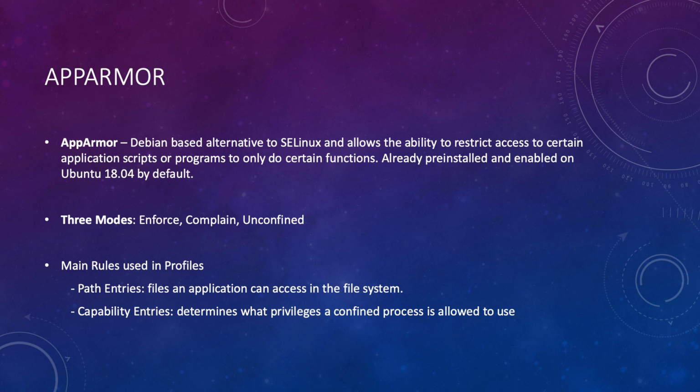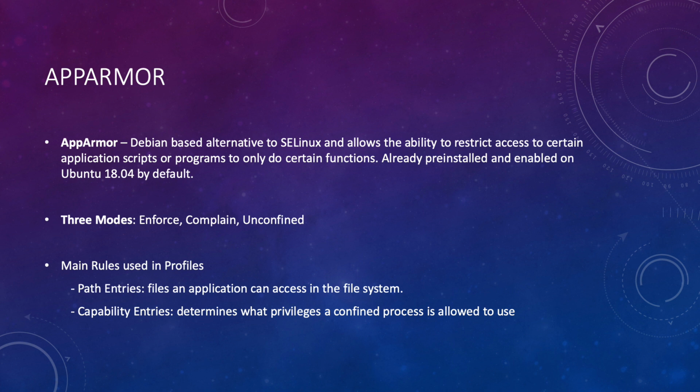In complain mode, if a program tries to jump outside of what it's allowed to do, it will allow it to happen, but it will also log it. And for unconfined, the program can do whatever it wants on the system, and it's not going to be logged or recorded.